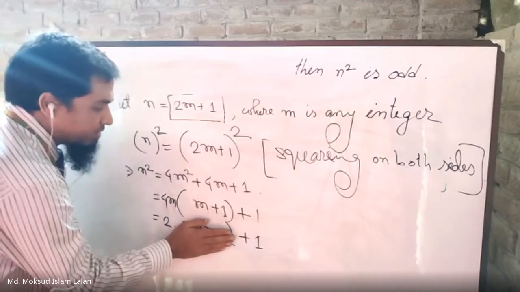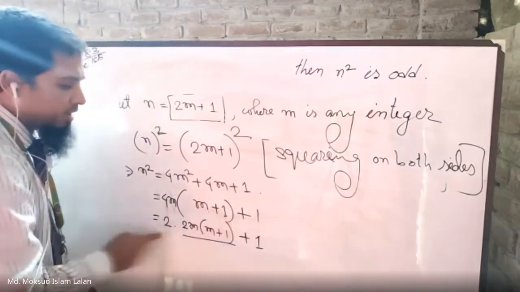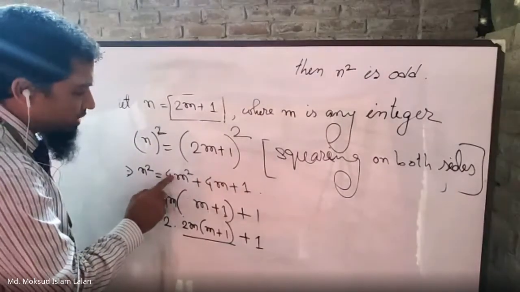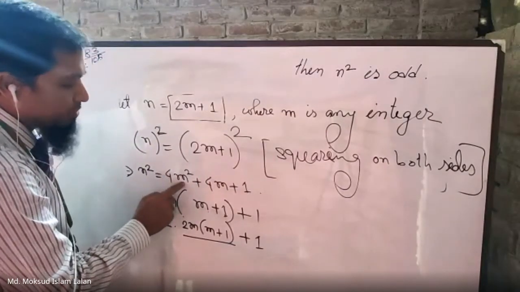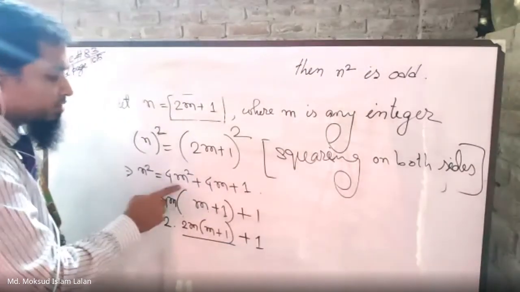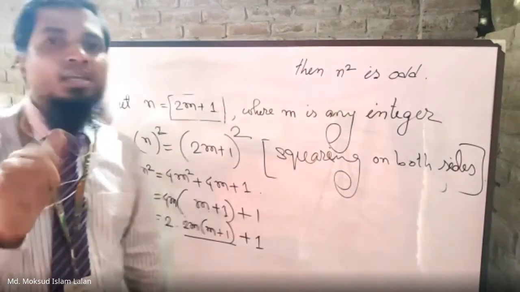This is any integer, so definitely this is a form of even number, right? Or individually you can segment. This is 2 times 2m square, 2 into 2m, so this is also even, this is also even. If you add two even numbers, then you will get an even number, right?